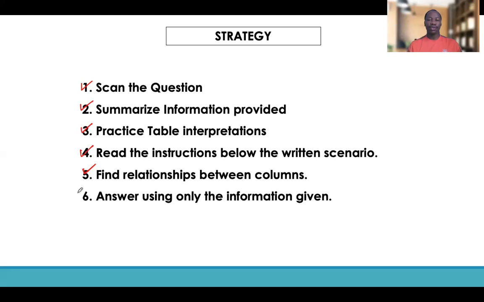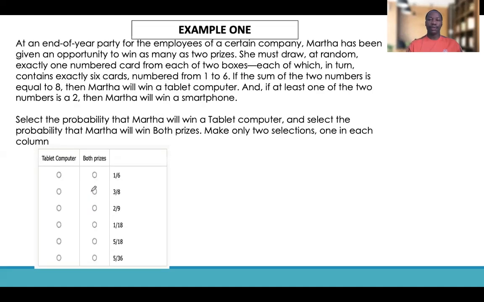Then sixth, answer using only the information provided in the written scenario or in the table that contains the answers. I think with that, you're able to quickly identify how much time you're going to spend on that question, and also scan through, read through, understand, and answer accordingly. So let's begin with an example here.